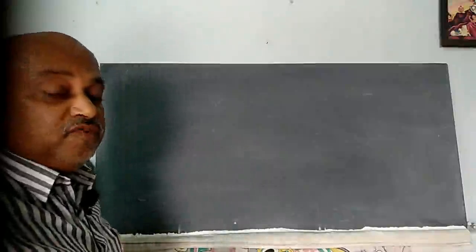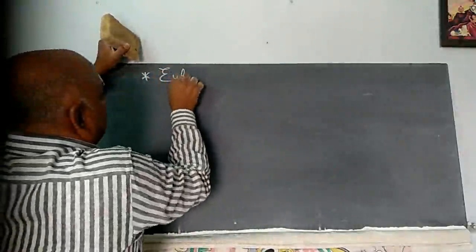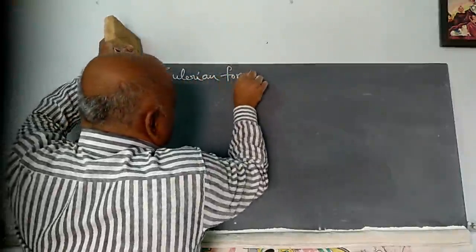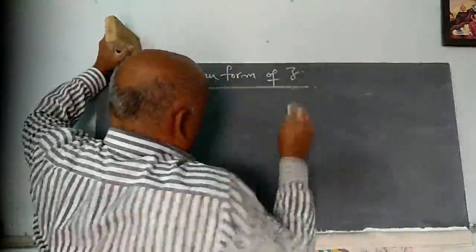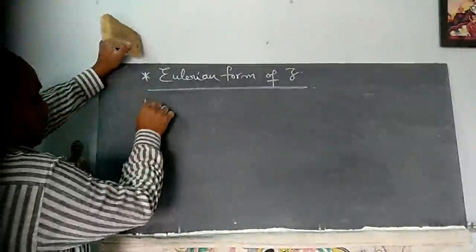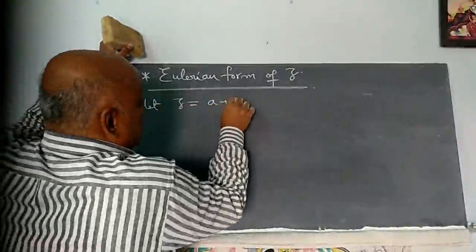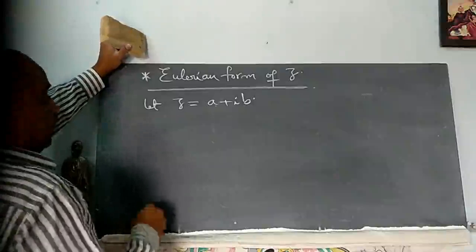Next concept is Eulerian form of the complex number. Let z is equal to a plus ib.